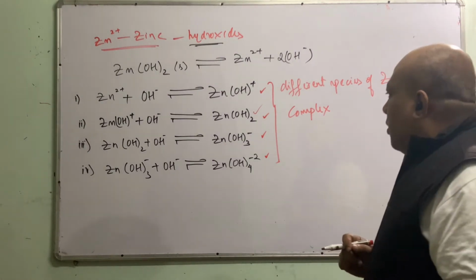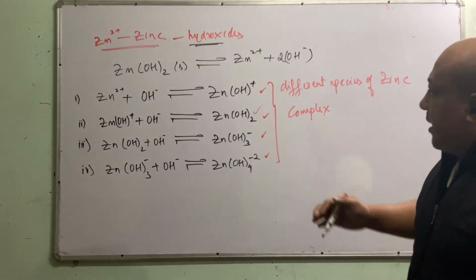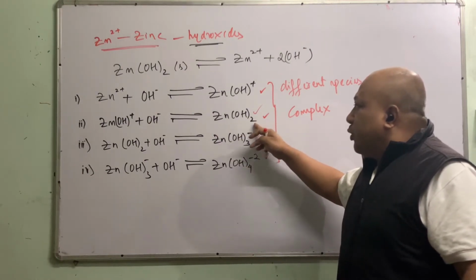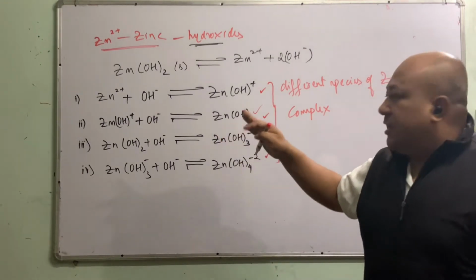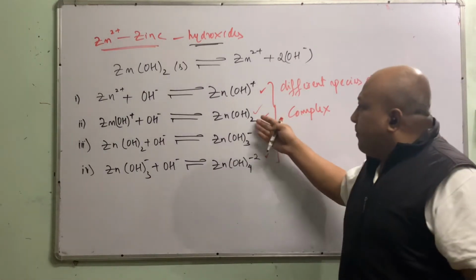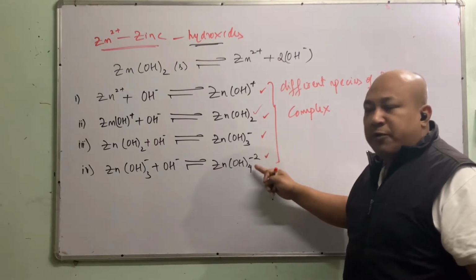So we know that if pH increases, Zn(OH)2 is there. Zn(OH)2 is actually in precipitate form, in insoluble form. But if you add more OH, it again comes into ionic, soluble form.